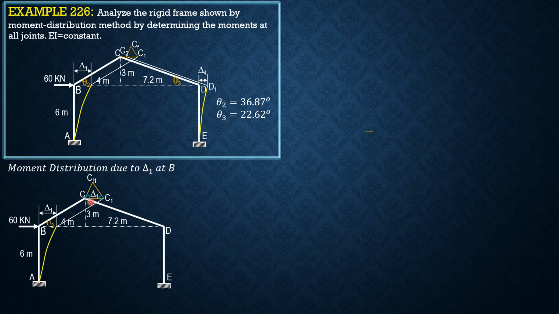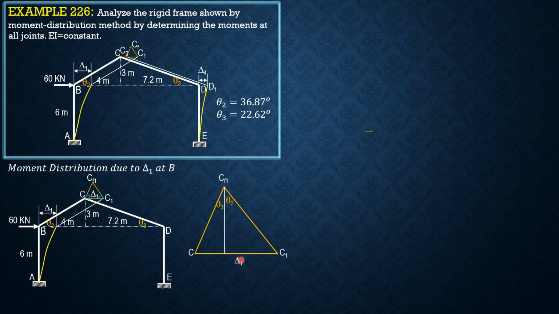So perpendicular, then perpendicular. Then the line through CF1 perpendicular to CC1 will have an angle. The angle between the vertical and this one, delta BC1, is equal to theta 2, and the angle between the vertical and this side of the triangle, which is perpendicular to CD, is theta 2.